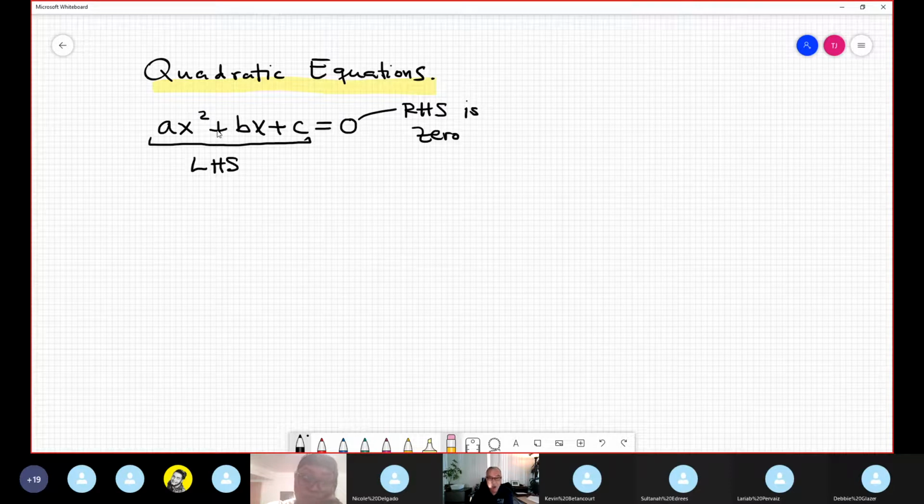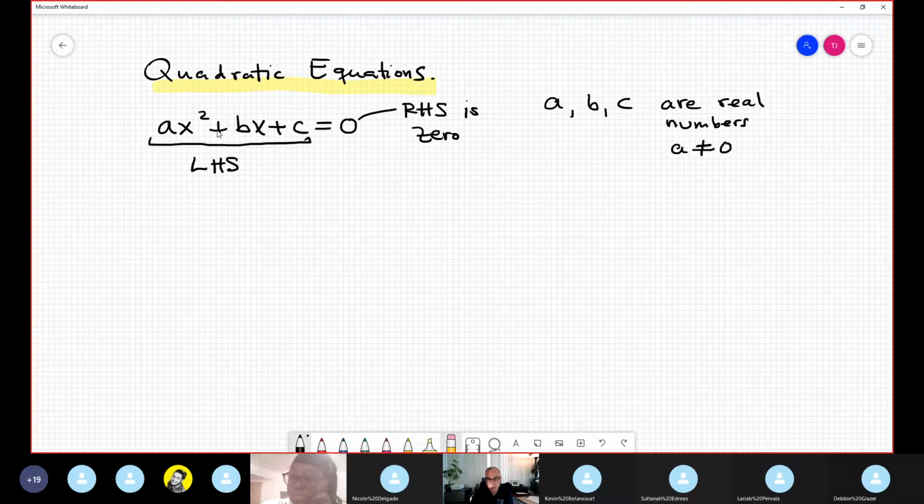And a, b, and c are coefficients. And the coefficients are always real numbers, with one restriction: a is not zero. The reason is that if this term is missing in the equation, then it is not a quadratic equation, it's a linear equation.